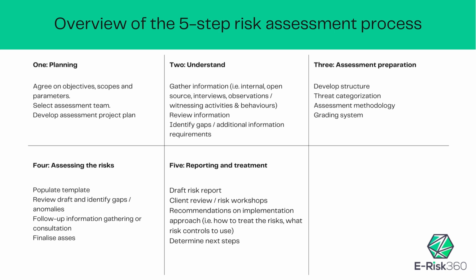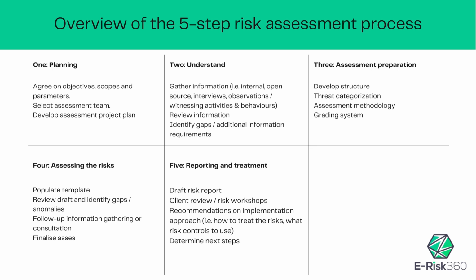Once we've done that, we have to get an understanding of the risk assessment process. We need to gather information. We may need to do interviews, we may need to observe what's going on, and we may have to look at the internal operations.